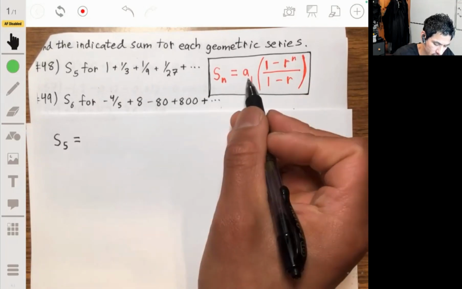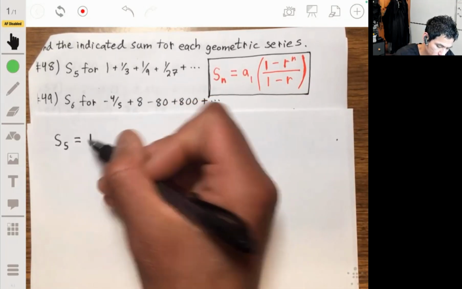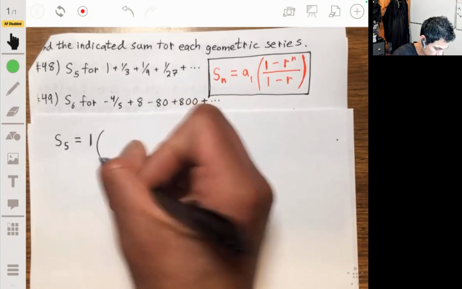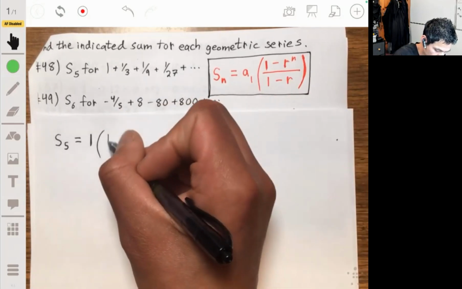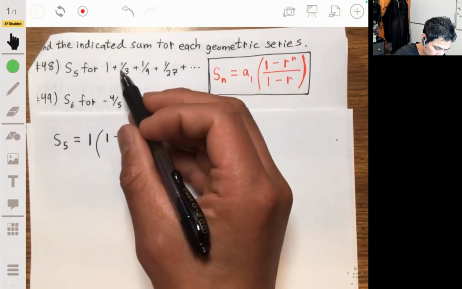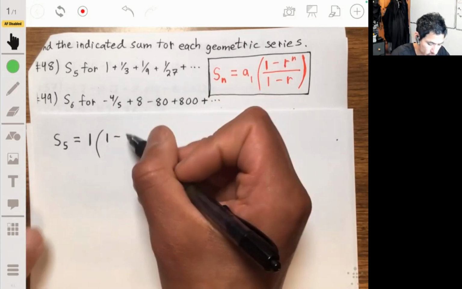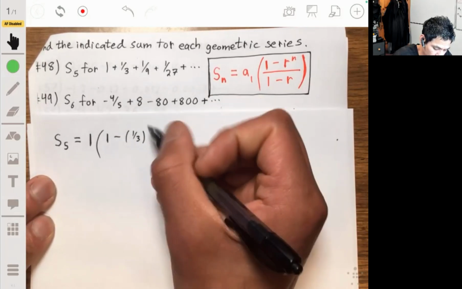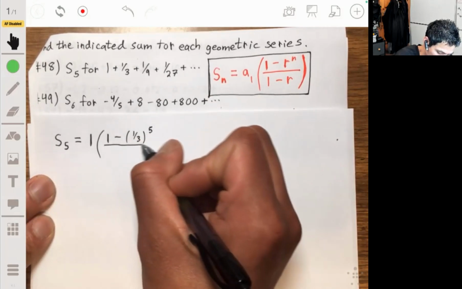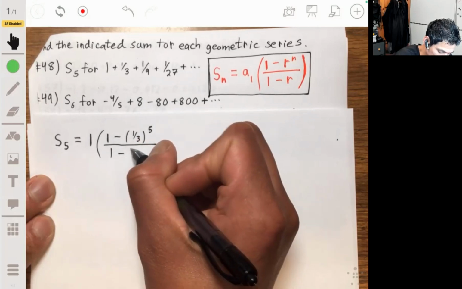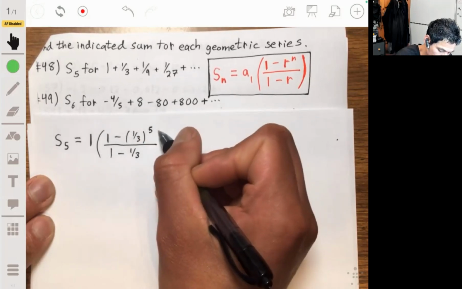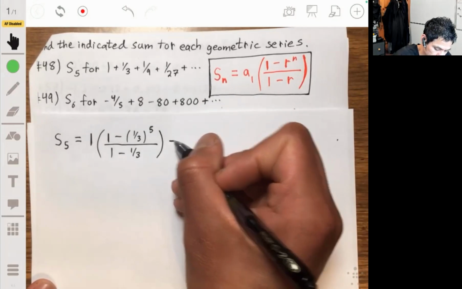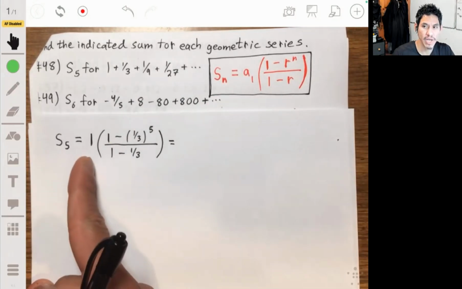But this will be then a1, which is going to be 1, times 1 minus r, which is 1/3, to the 5th power, all over 1 minus 1/3 then. The 1 out here is not going to matter.